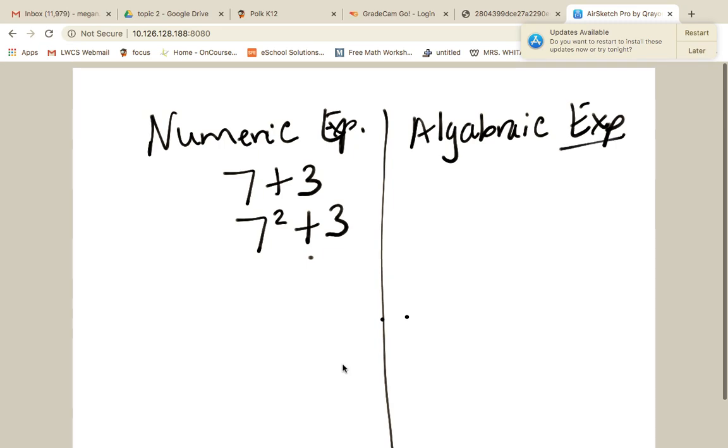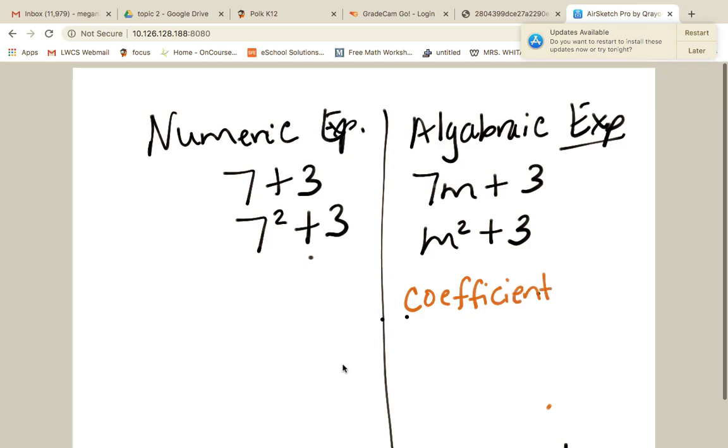And algebraic expressions have numbers and letters involved. So it might look something like this. Okay, so we have letters and numbers involved. Now within algebraic expressions, we have something that we call a coefficient.